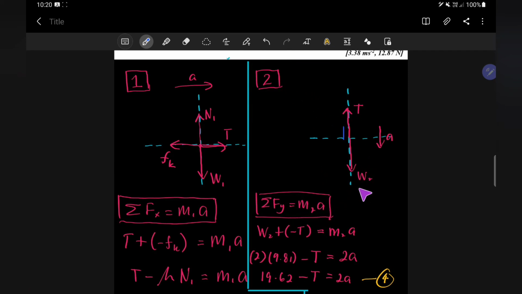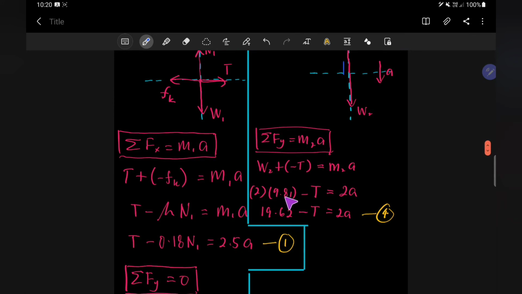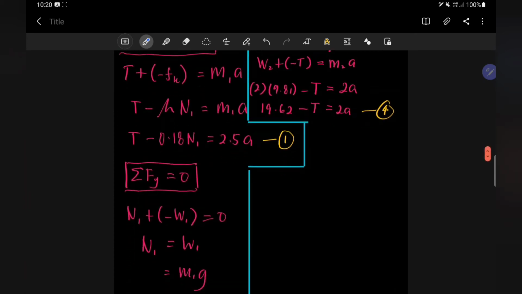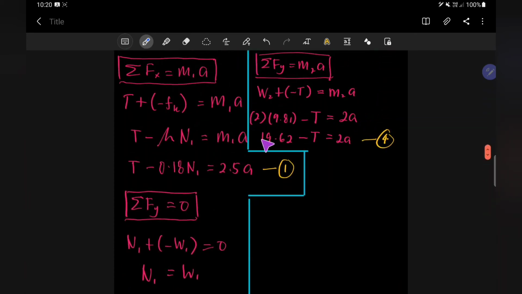So W2 minus T equals m2 a. W2 is mg, m is given as 2 kilogram, g is just a constant, minus T equals 2a. So you will get the fourth equation, which is 19.62 minus T equals 2a.